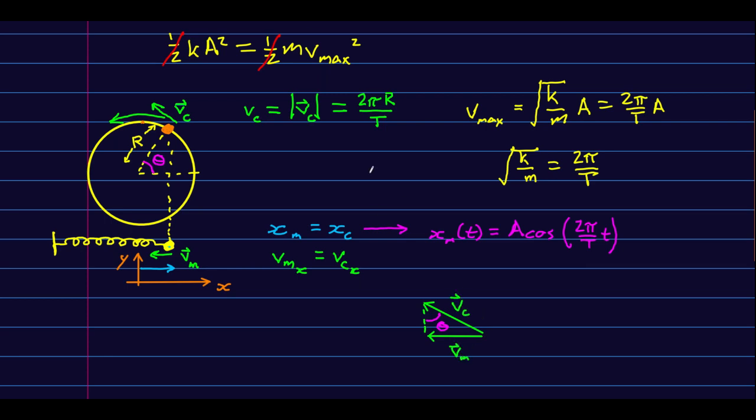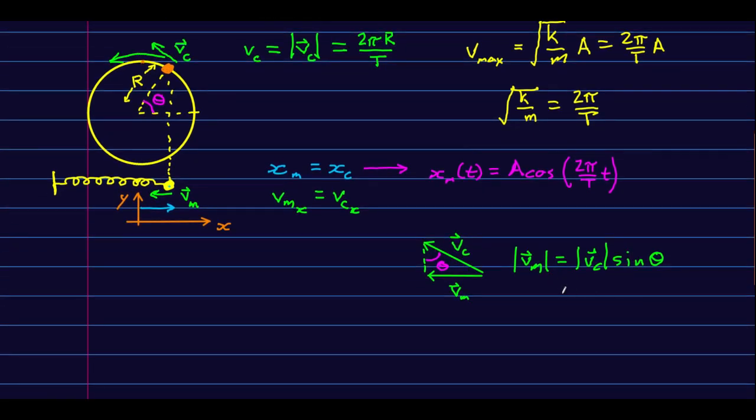So what that shows you is if you think about the length of this line, so just Vm magnitude, it has to be the magnitude of Vc times, and it's the opposite to this angle, so it must be sine of theta. And we showed before that theta is what this 2 pi and so on up here is. So this is magnitude of Vc, so that we showed was Vmax.